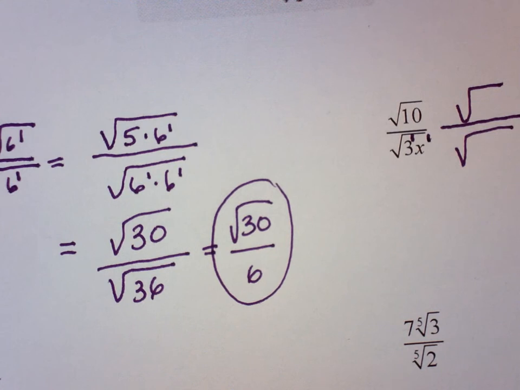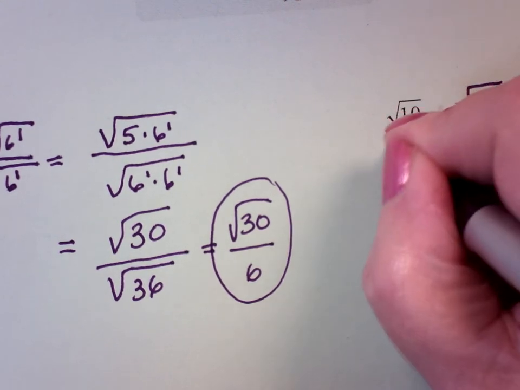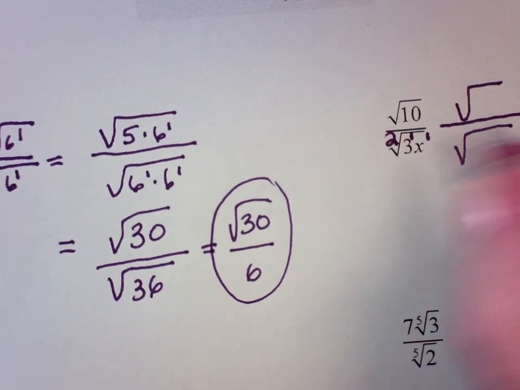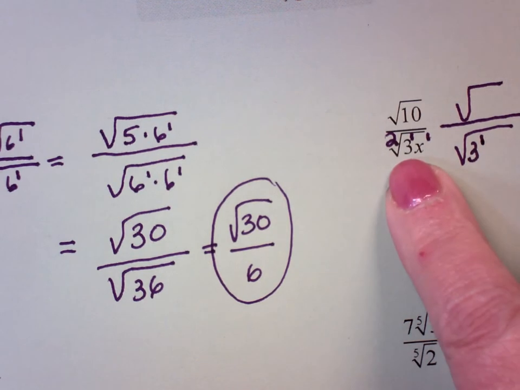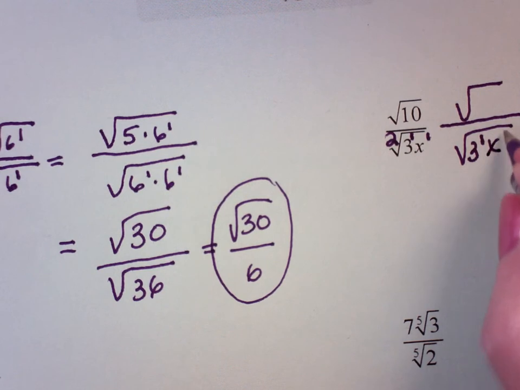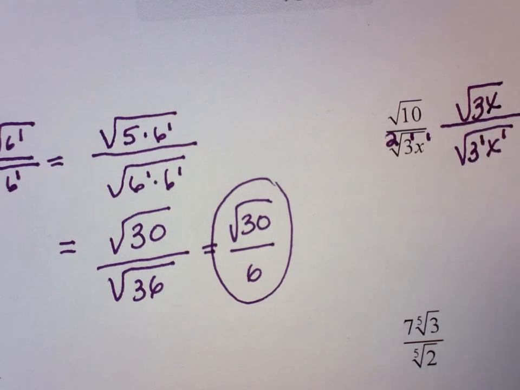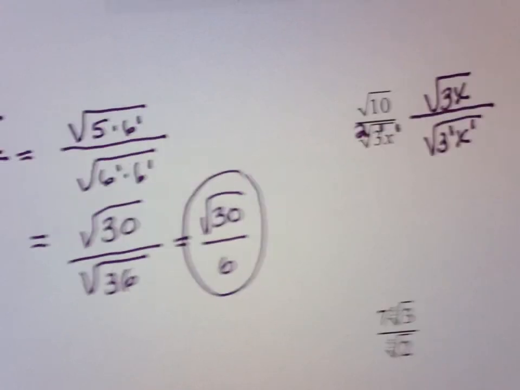I need a 3 to the 2 and an x to the 2 because the index is 2. I'm dealing with square root. So that means I need to multiply by a 3 to the 1, which gives me a 3 squared, and an x to the 1, which gives me an x squared. But what I do to the denominator, I must do to the numerator.